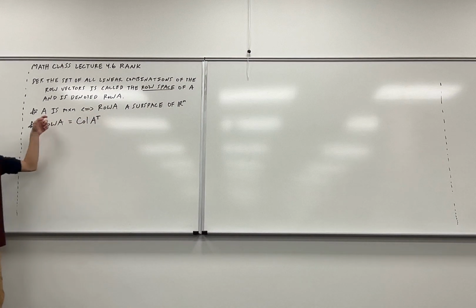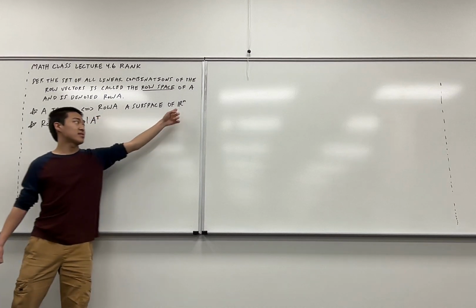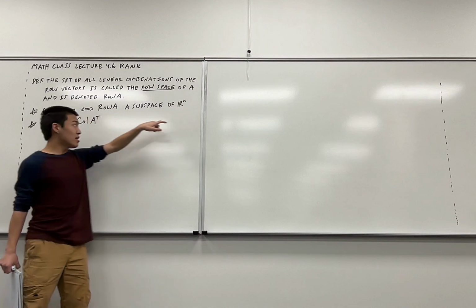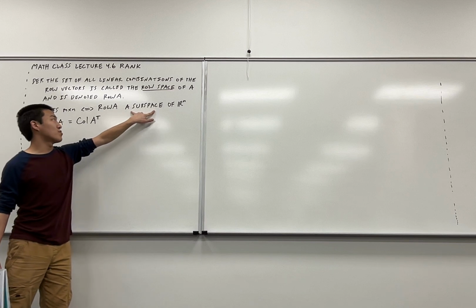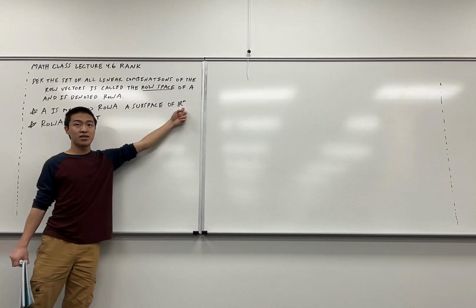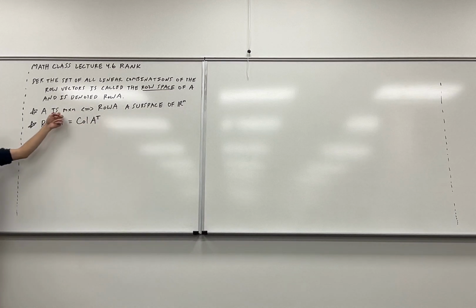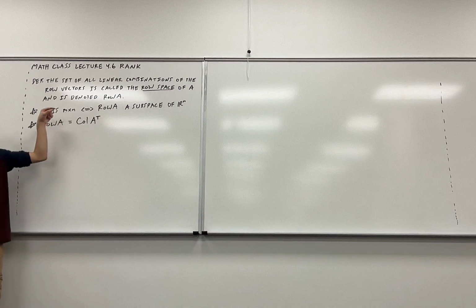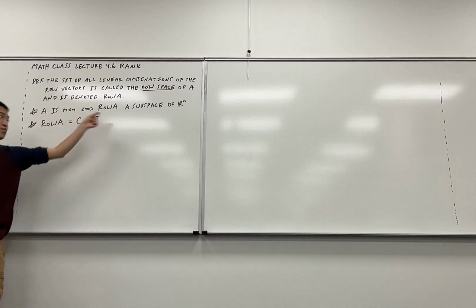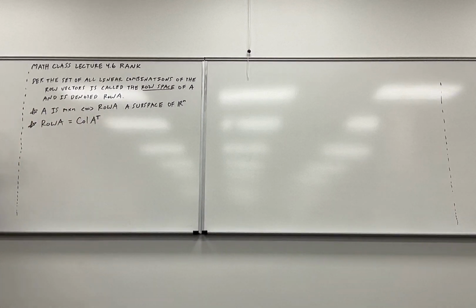So it goes both ways. To state that A is m by n implies that its row space is a subspace of Rn. But if I were to start over here and state that the row space of some matrix is a subspace of Rn, that tells me, okay, well then the dimensions are forced to be some m by definitely n, because otherwise that's impossible. So that's why, think of it literally, it's a double arrow because it points in both directions. You should be able to write both separately, and they would both be true. This isn't a logic, I'm just writing this as equation because that's definition.